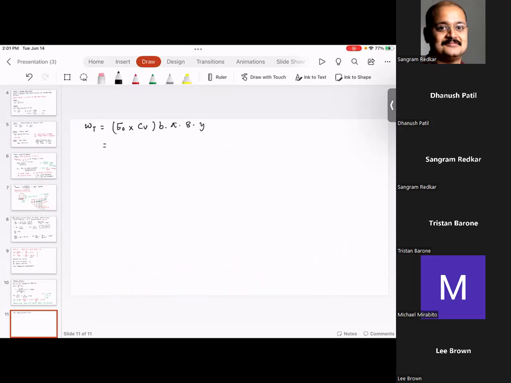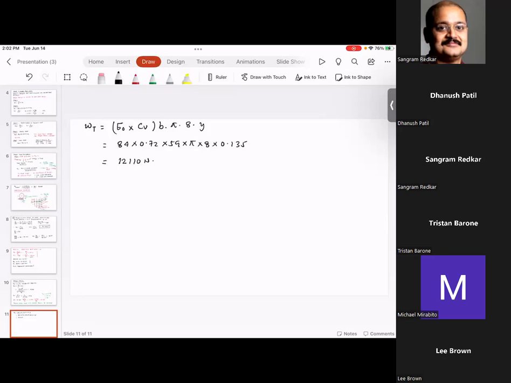Now in this case, if you look at the first step where we found out all the principal dimensions, what I'm going to do is substitute these values and find out the value of WT. So sigma naught is 84, CV is 0.72, 59, pi, 8, 0.135, which is 12,110 newtons.